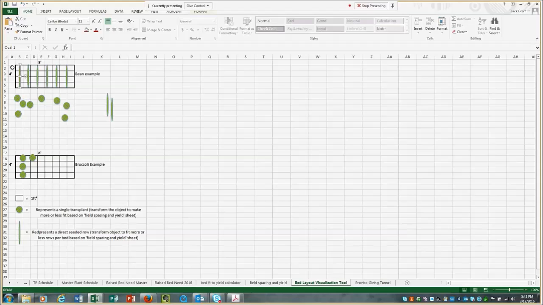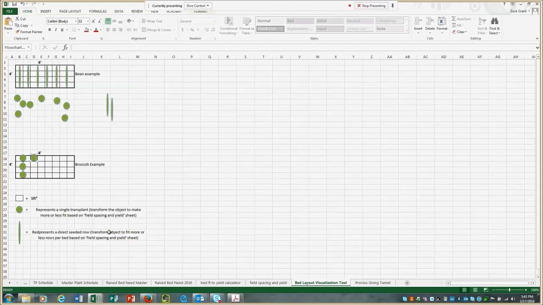So I know 4 squares by 8 squares is a scaled representation of my bed, just for me to visualize if that cropping pattern is going to work. So I know based on this that 6 rows of bush beans planted the width of the raised bed is going to work fine. Down below that, I have a broccoli example where I know I'm setting out transplants, right? So instead of direct seeded rows, I have broccoli transplant.